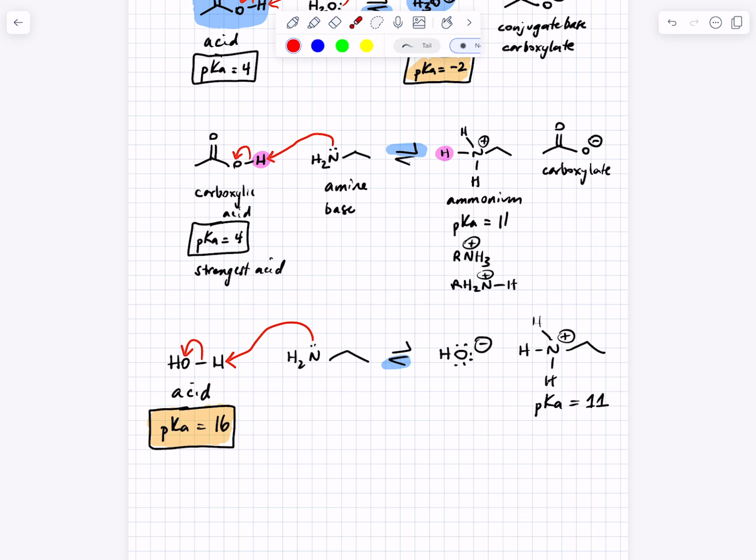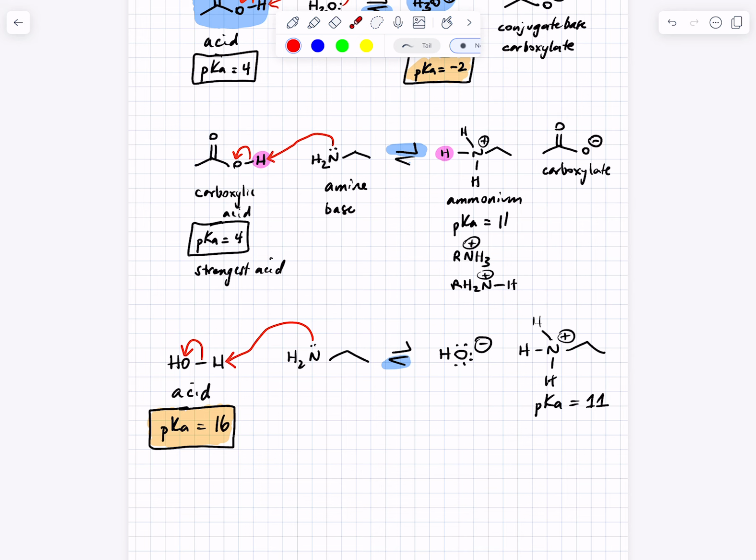What we've just done, asking which side dominates at equilibrium here, is the same thing as asking, is the amine a strong enough base to deprotonate water? Can the amine deprotonate water? And the answer is no, it can't, because equilibrium favors the left-hand side of the equation. Okay?